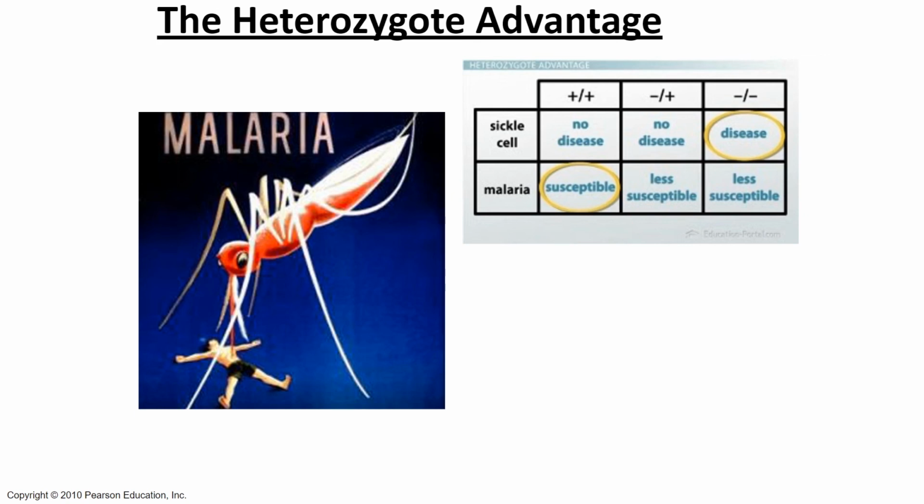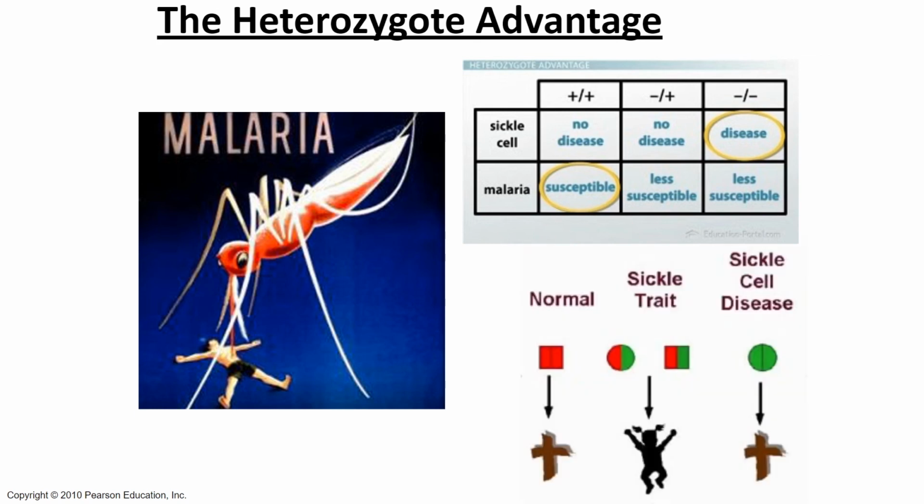Thus, the heterozygote individuals have a distinct advantage over the other genotypes. So you may be wondering why all individuals are not heterozygous then. This is because heterozygous individuals still have the disadvantage of carrying one mutated gene that can be passed on to their offspring. And if they have children with somebody who also has a mutated version of their allele, then they can produce children that are homozygous recessive and have sickle cell anemia.